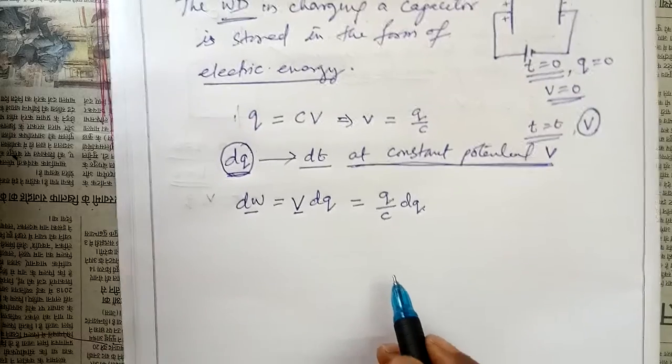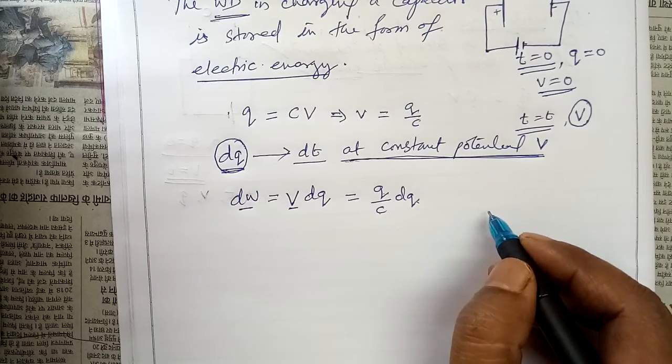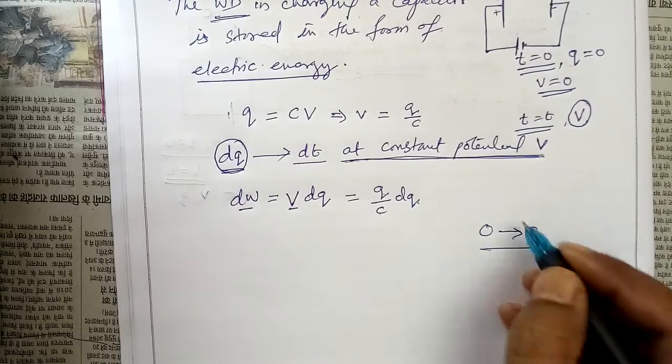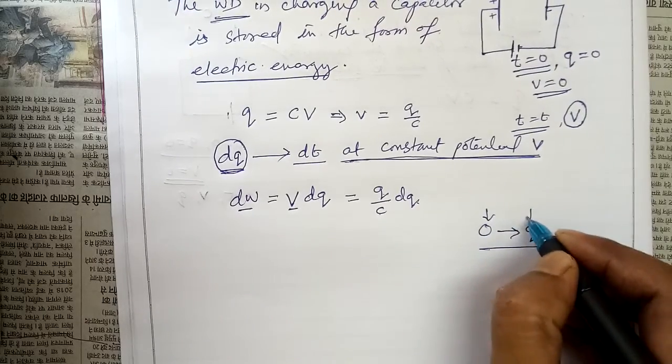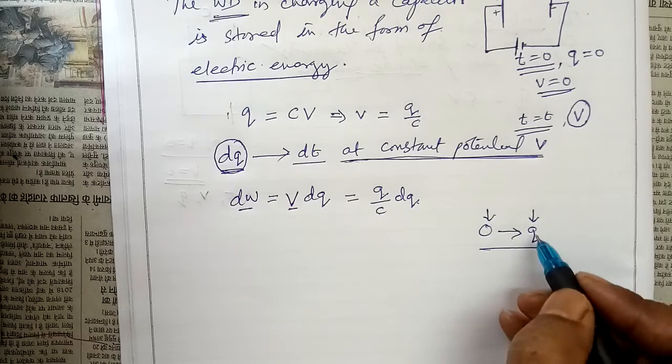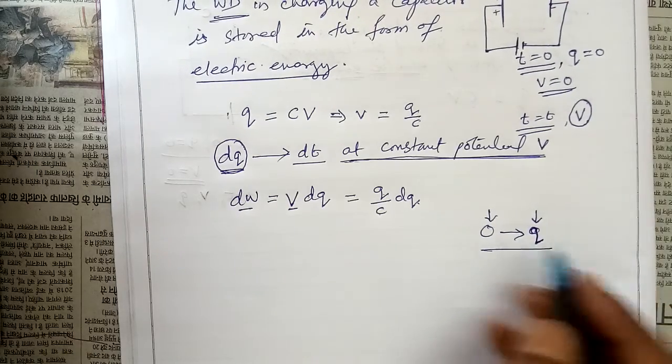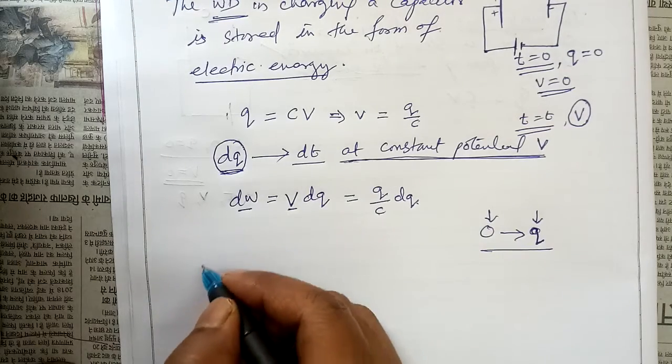But our target is to charge the capacitor from 0 to q. Initially it has 0 charge, and finally we wish to charge the capacitor to charge q. For that we need to integrate.